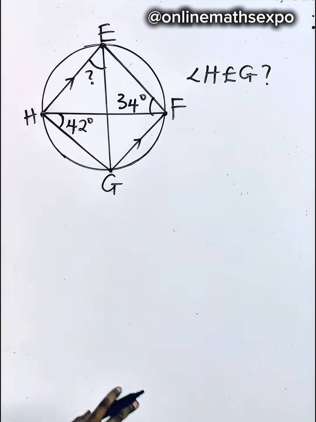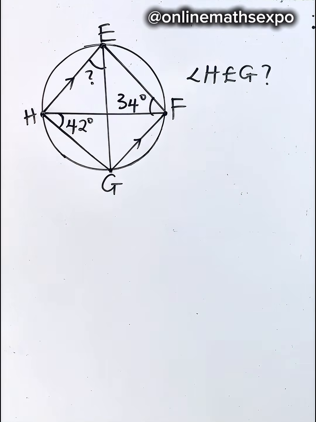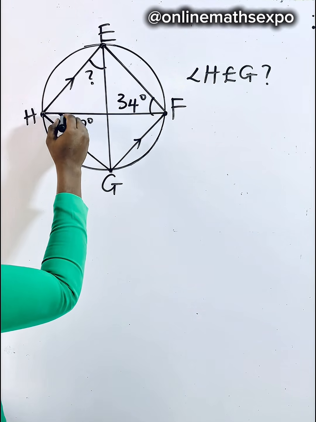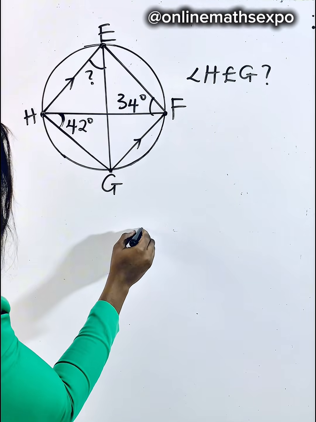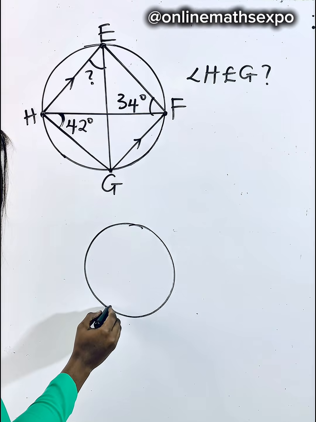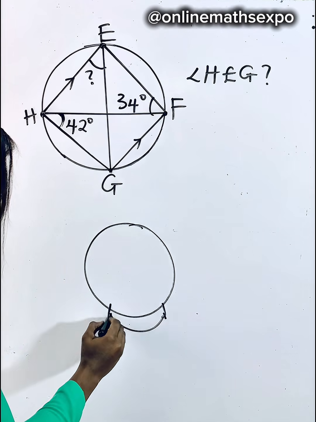Now, what we need to do is to remember some theorems. Let me help you to remember some of them. Remember the question said that this angle here measures 42. And there is this theorem that says, any time you have a circle drawn, the part of the circle is what we call an arc.